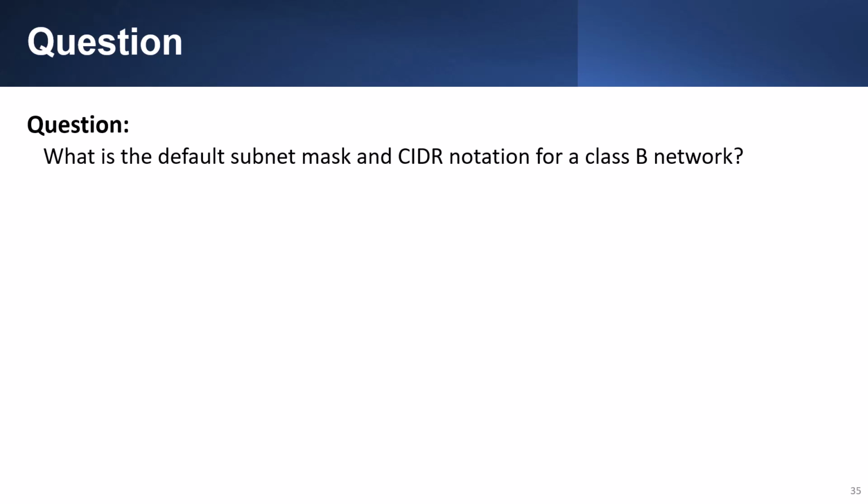Question: what is the default subnet mask in CIDR notation for a Class B network? Answer, 255.255.0.0 or CIDR notation /16.